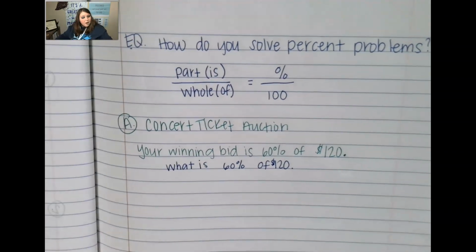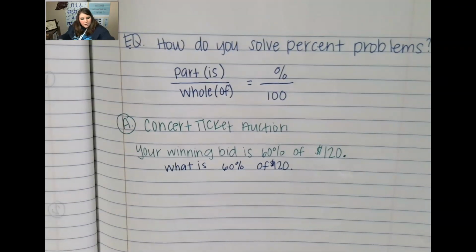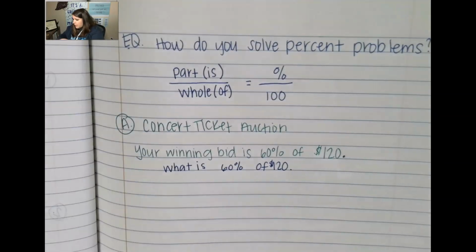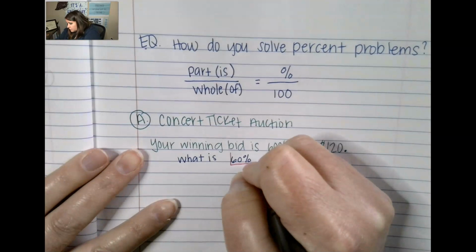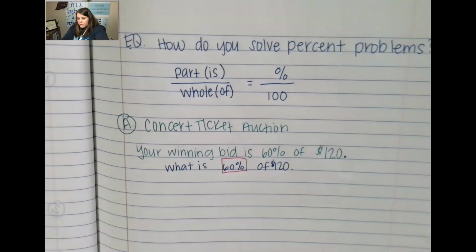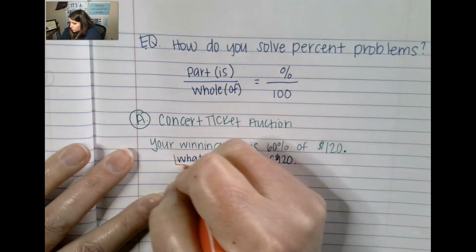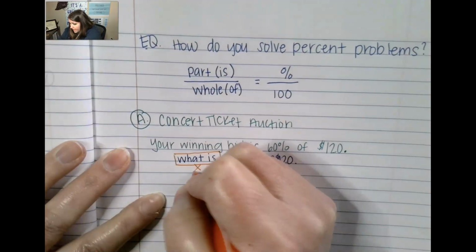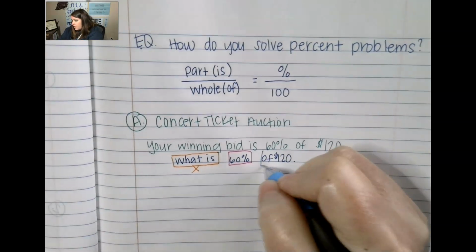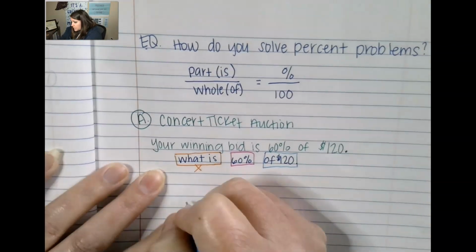Let's box up this problem so we can solve it. We've got a percent, and we have 120, and we have what is. Is was orange, that's our X value today. And of and 120 are stuck together.